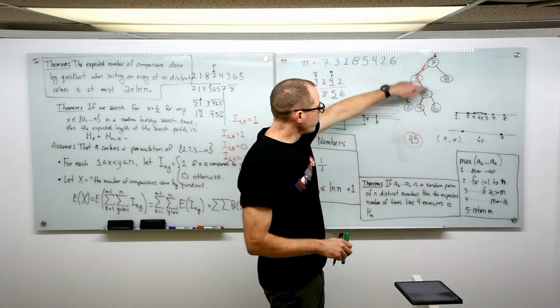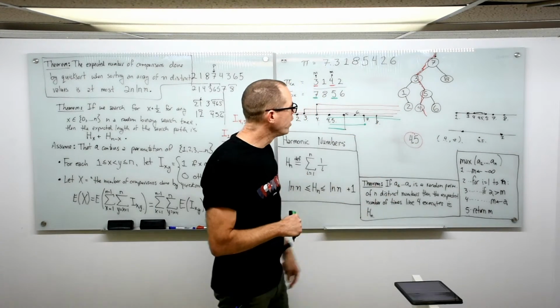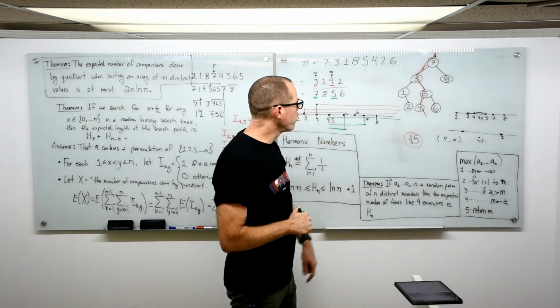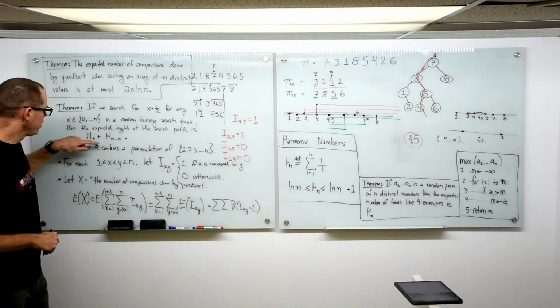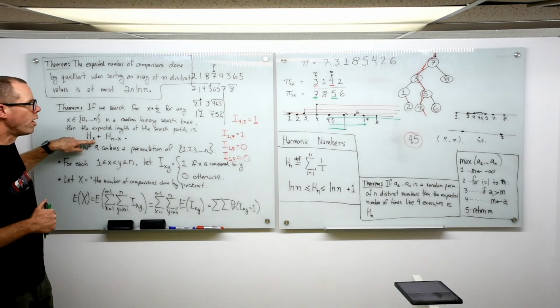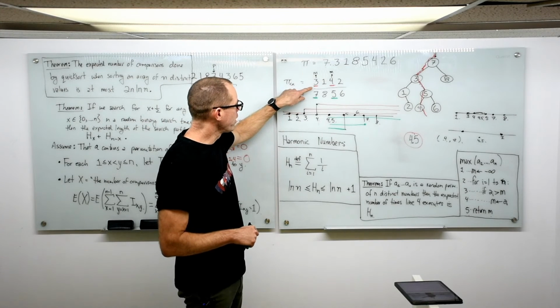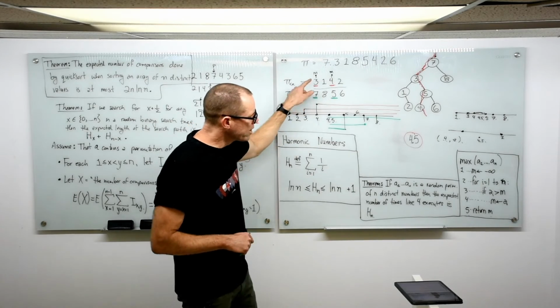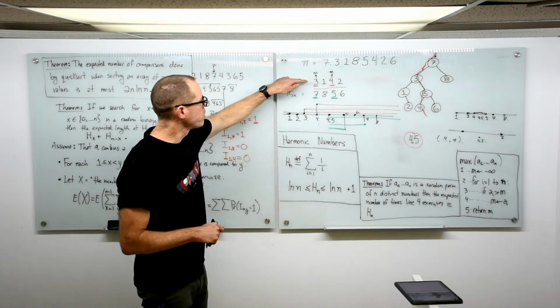So if I pick a number that's not in the tree, which is why I say x plus a half, like 4 plus a half, then the expected number of things that I will see which are smaller than x is, well, there are x things that are smaller than x plus a half, and the expected number of those things that I will see is the harmonic number of those things, because they're in exact correspondence to executions of this line if I were to run on this permutation.